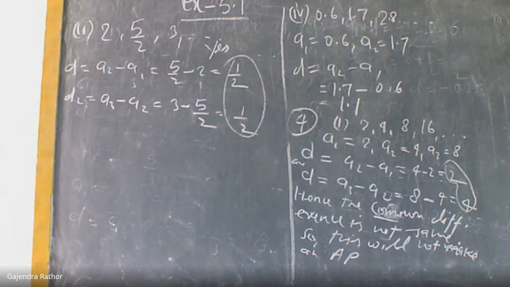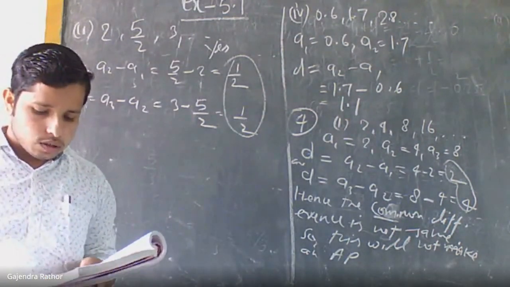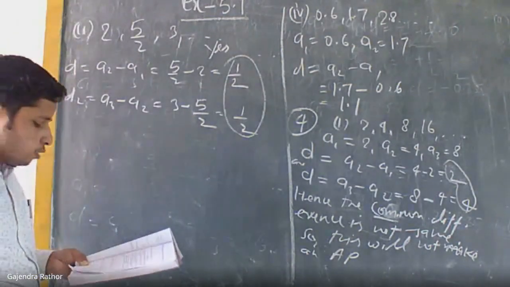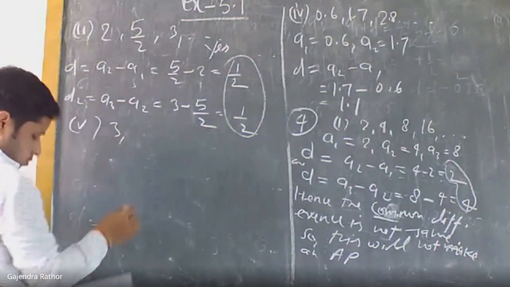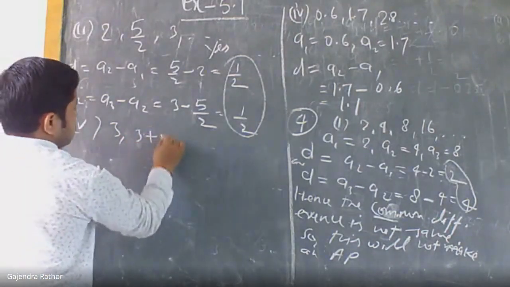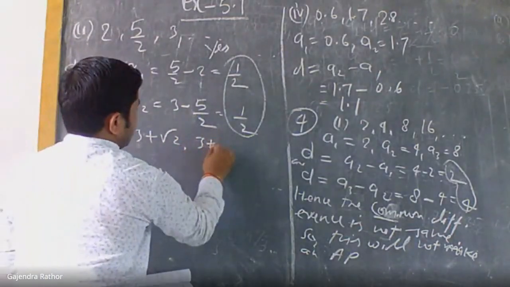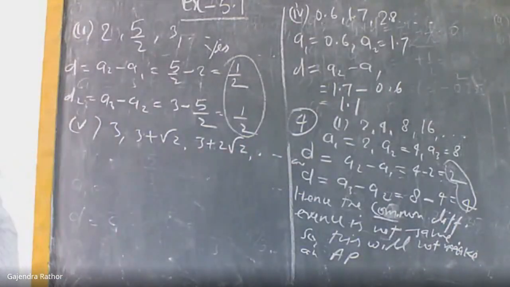Okay. Let's take some different questions, some different values. Okay, I am taking a good one. Point number 5. 3 plus root 2 and 3 plus 2 root 2. Check it. Fifth one.